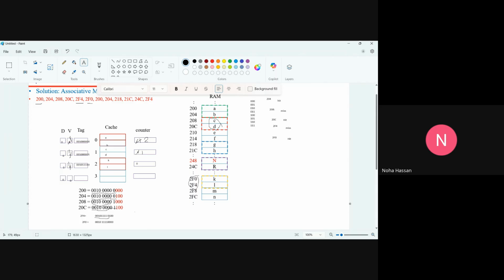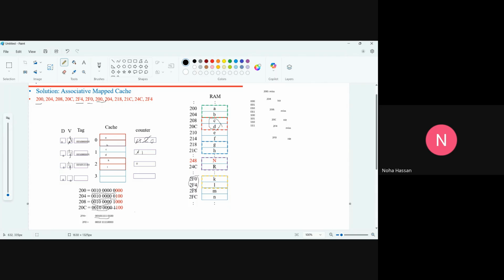Okay, next let's move to the 200. Okay, 200 was done before, if you remember, right? It was done in block number 0. So this now becomes the most recently used, so its counter has to be reset. Instead of 2, I will reset it to 0 again.